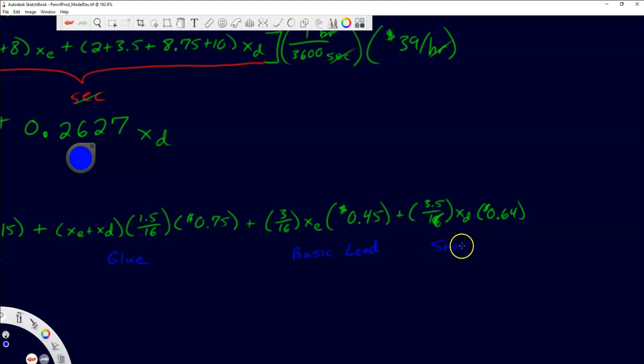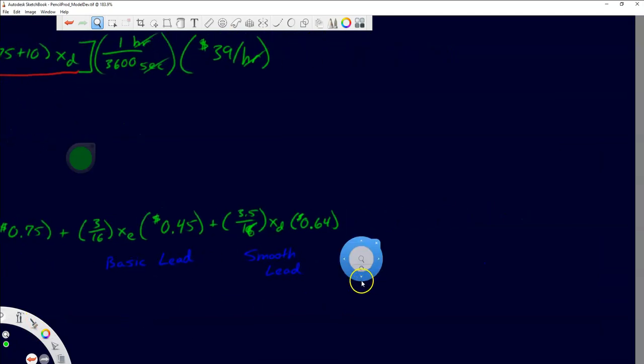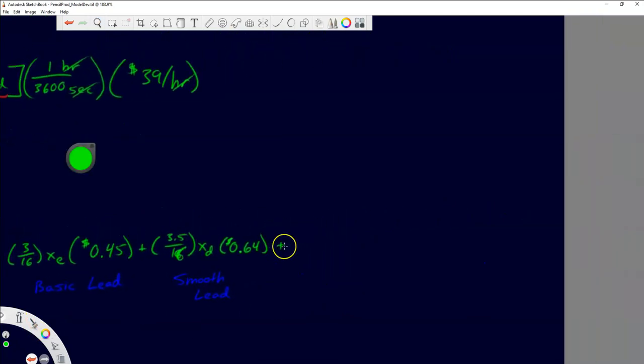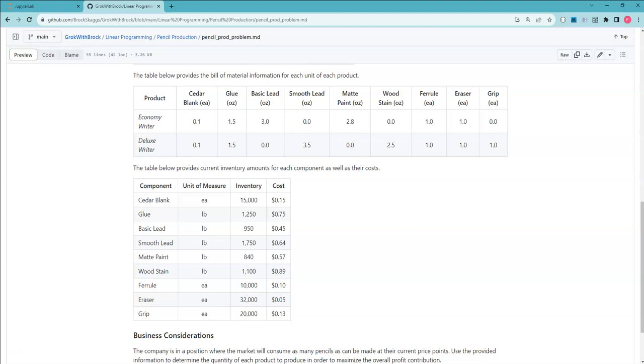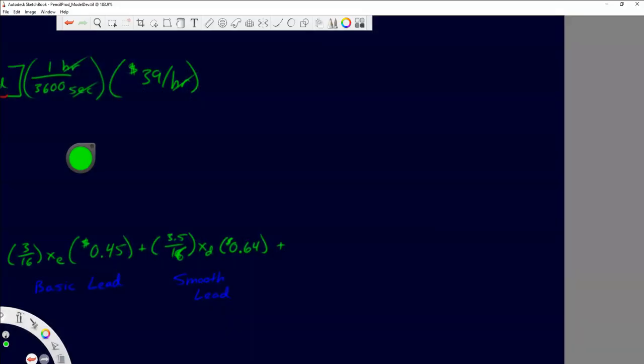Writing this in blue just to mainly keep track of where I'm at. Alright, basic lead, smooth lead, now we're on to the finishes. We've got matte paint and the wood stain, so the matte paint's only used in the economy.